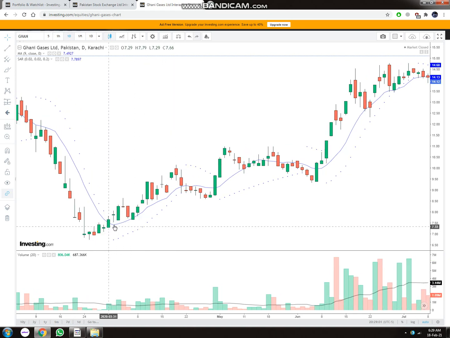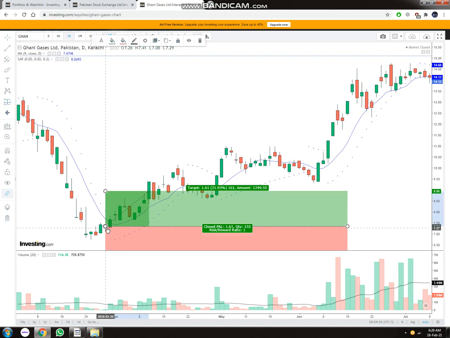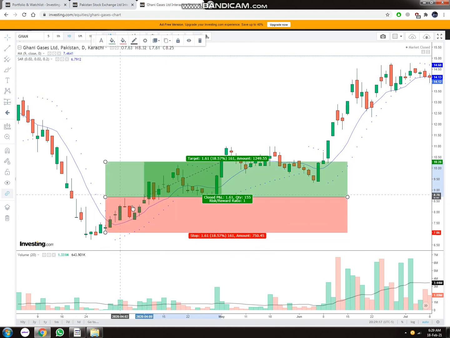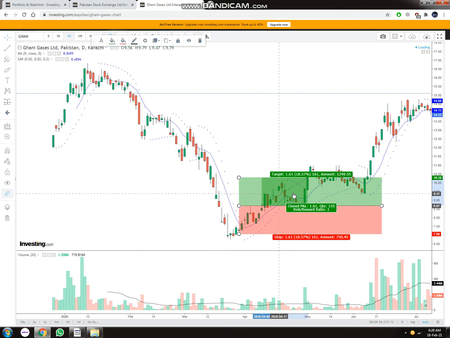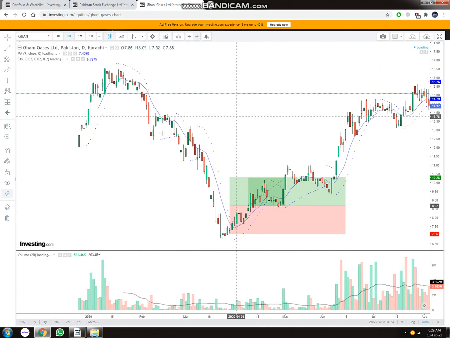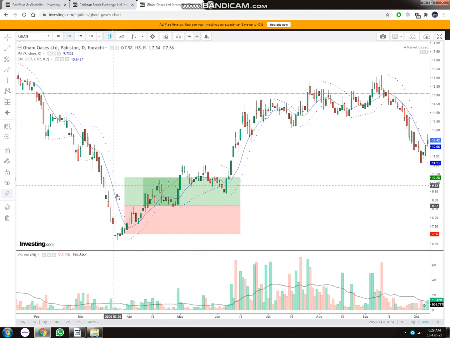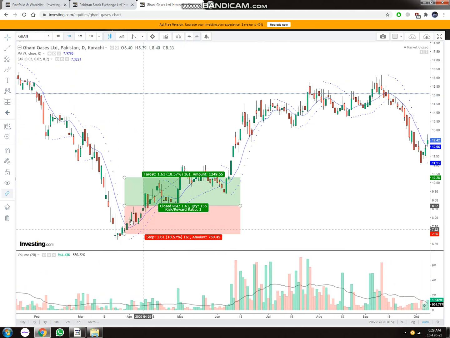Now if you want to enter at these levels, at this level or this level, there's a tool for this. I've pulled it up because I'm showing you how you can adjust it. You can see that this is the profit side and this is the loss side. You can adjust this according to your needs.